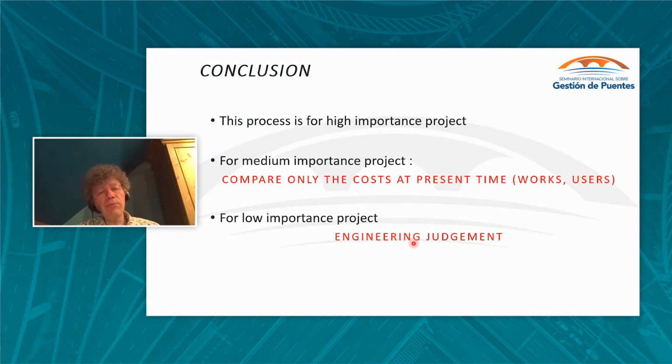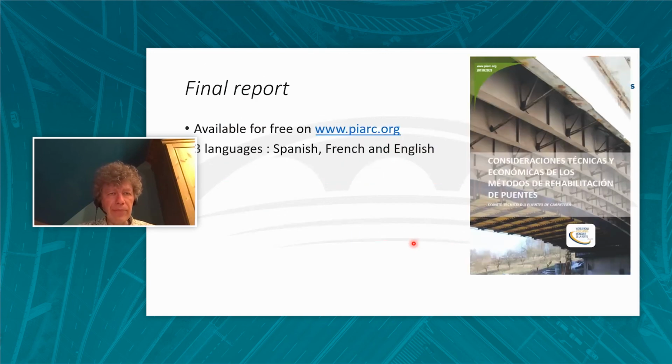For medium importance projects, it's better to compare only the cost at present time using the works cost and the user cost. And for very low importance projects, just use your engineering judgment as you use it every day.